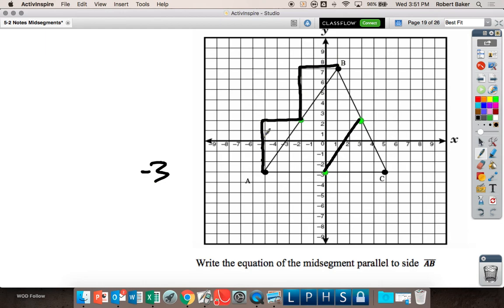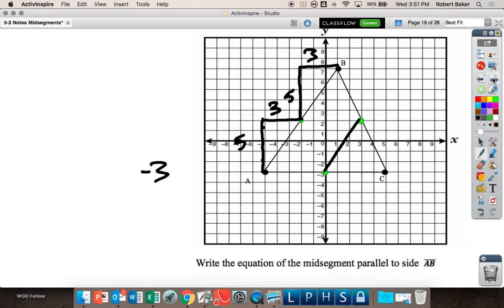Up 5, over 3. The slopes are the same, aren't they? Because they're parallel. So you can calculate the slope of this line or this line, it doesn't matter because they're the same slopes. But the y-intercept is what really sets those two apart.